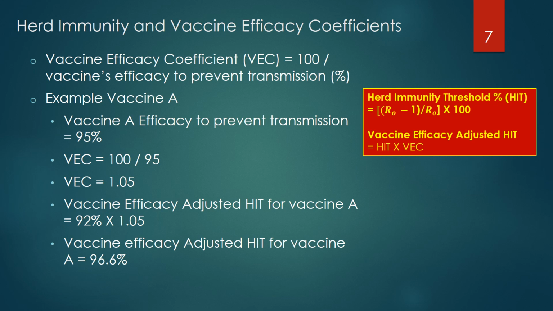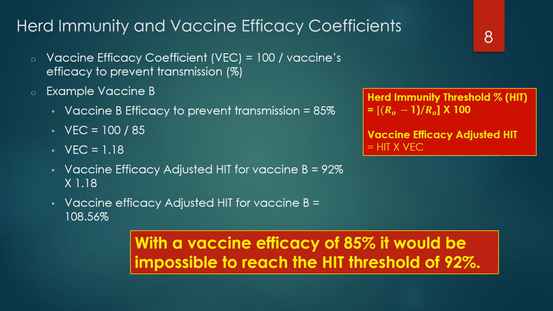The VEC is then multiplied by the herd immunity threshold number, HIT, to get a vaccine-adjusted HIT. So if the COVID-19 HIT is 92%, then the vaccine efficacy-adjusted HIT for vaccine A would be 92% times the VEC for vaccine A, or 1.05, which equals 96.6%.